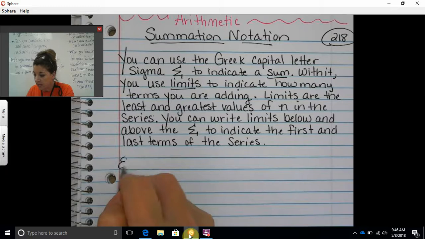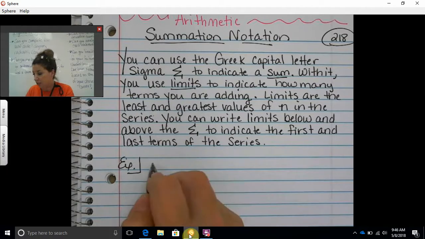So my first example says, what is the summation notation?